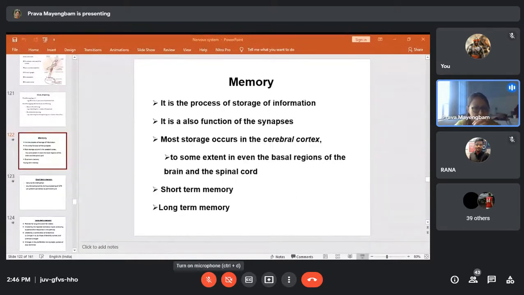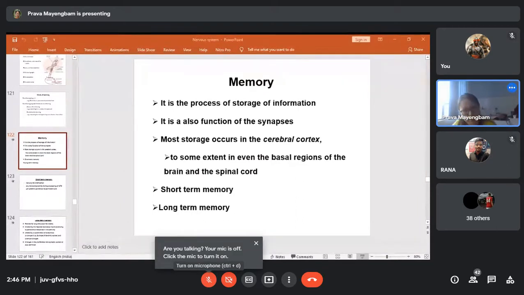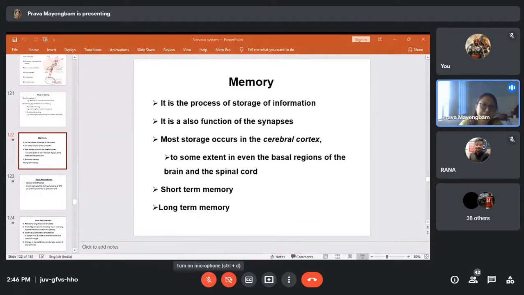That means short-term memory has to be processed nicely to convert to a permanent one, and during this conversion process, if some disturbance happens, it will not convert to long-term memory. So it will only last for a brief period of time, and that memory is short-term memory.